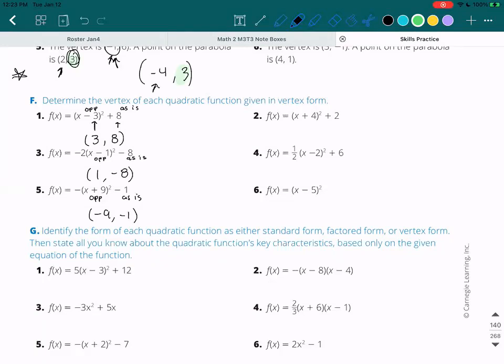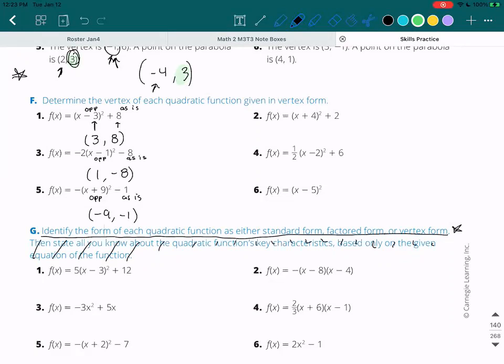It says identify the form of each quadratic function as either standard form, factor form, or vertex form. I'm just going to have us do this part. We're not going to state all we know about the quadratic function's key characteristics based on only the given equation, because there's not enough time right now. So we'll get to it another time if necessary.